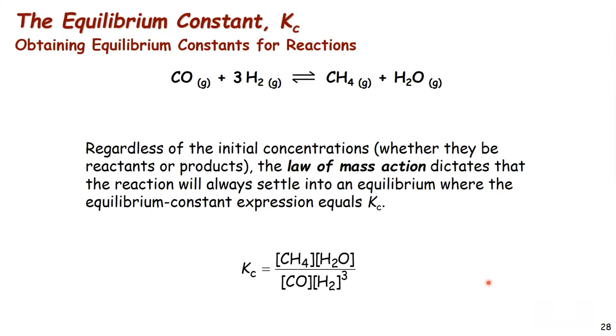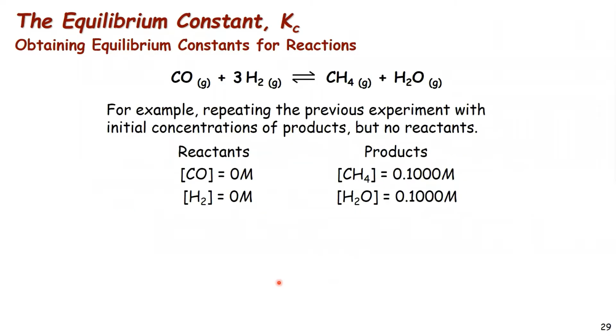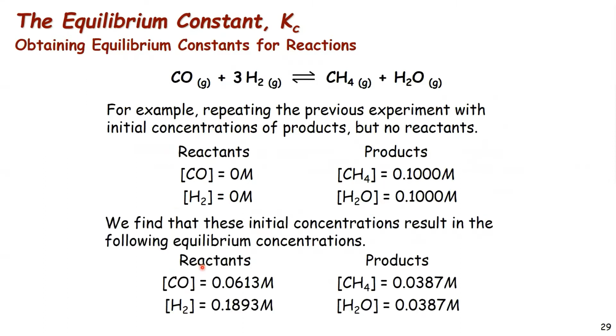so again, this is just talking about the law of mass action and the fact that this doesn't change anymore. Okay, so this time let's start with just the products, 0.1 mole of each of the products and no reactants. Again, we put it in the reaction vessel at the same conditions that we did the last experiment for, and at equilibrium, we end up with these values here.